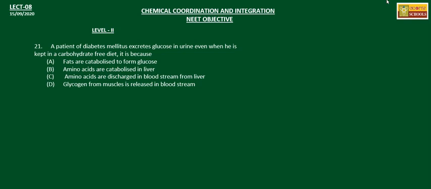Next question from level 2. A patient of diabetes mellitus excretes glucose in urine even when he is kept on a carbohydrate-free diet. It is because... So here, diabetes mellitus is caused when cells fail to respond to insulin.